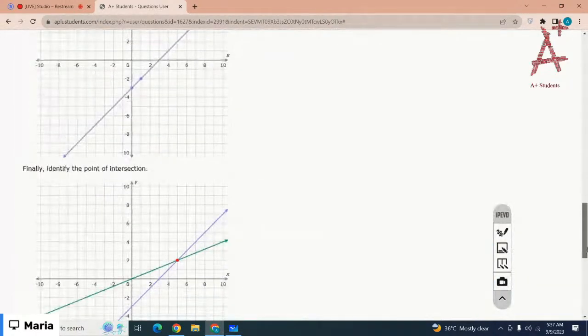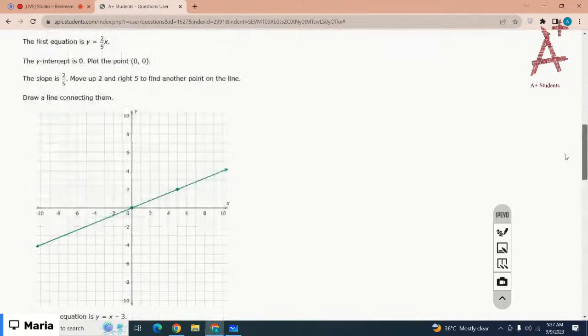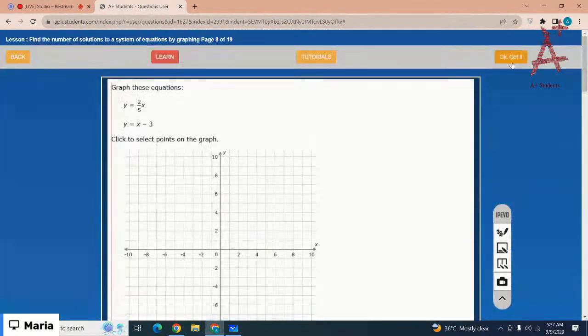One solution. Oh, okay. If you extend the line, that would have one solution, right? Okay, got it. The system has one solution.